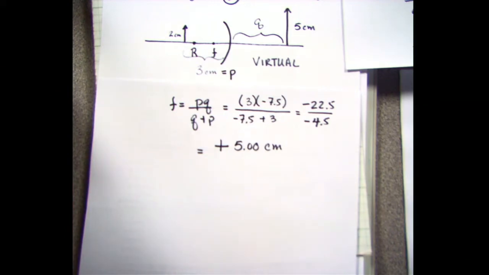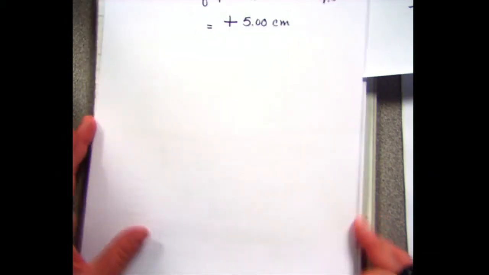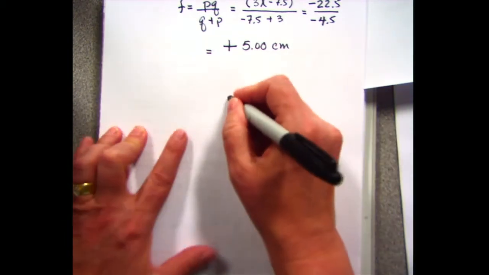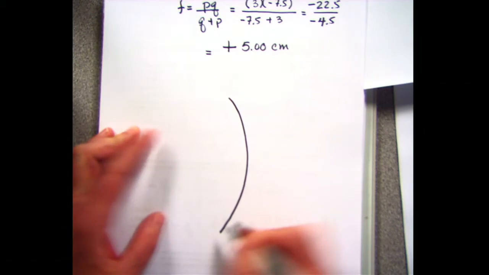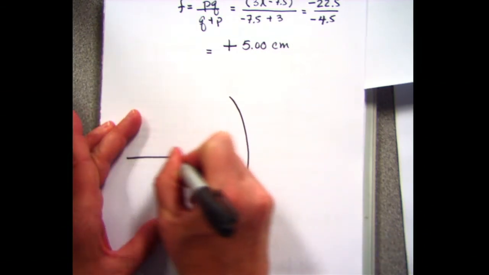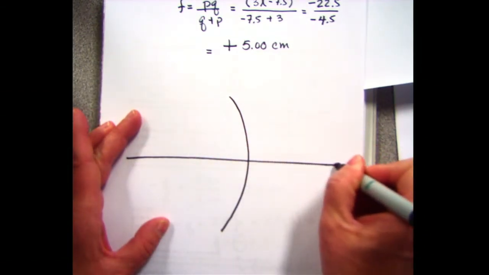Now, if we were playing with our pictures, what that says is this. If my focal point is 5 centimeters, I didn't bring a ruler, bummer. So I've got a concave mirror, and I'm going to eyeball it.